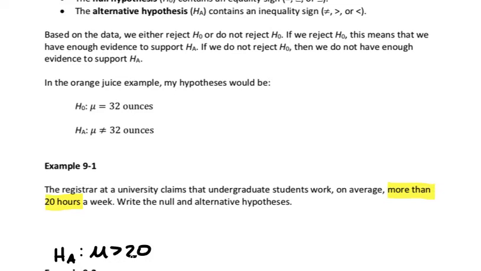My null hypothesis is always the opposite of that. So once I have my alternative, then I write the opposite statement for my null hypothesis. So if the mean is not greater than 20, that means it's less than or equal to 20. So that would be my null hypothesis.